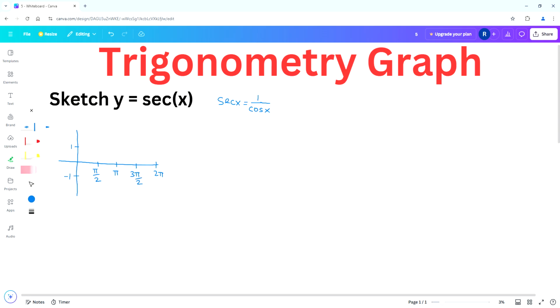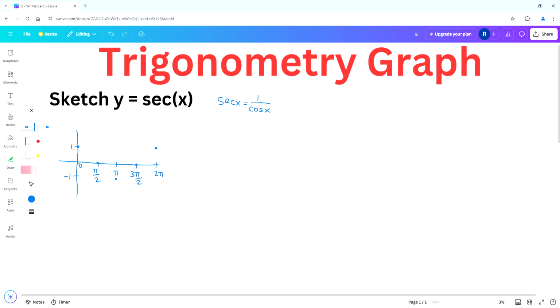At x equals 0, cos x is equal to 1. At x equals pi over 2, cos x is equal to 0. At x equals pi, cos x is equal to -1. At x equals 3 pi over 2, cos x is equal to 0. At x equals 2 pi, cos x is equal to 1.